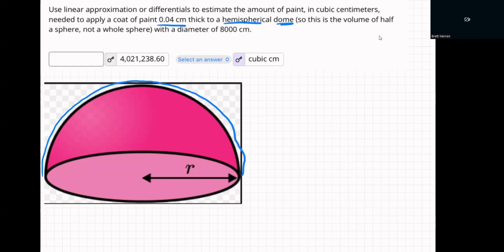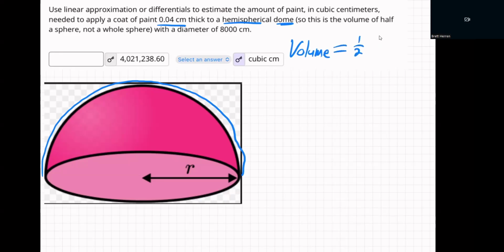And we're doing a coat of paint, and the thickness is 0.04 centimeters. So that's a volume of paint, isn't it? It's three-dimensional. So we've got to use the volume formula for the volume of half a sphere.